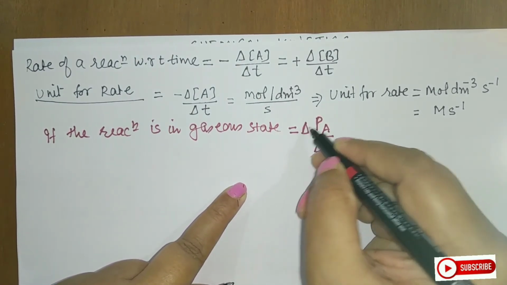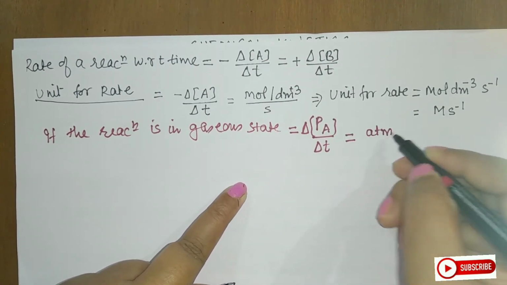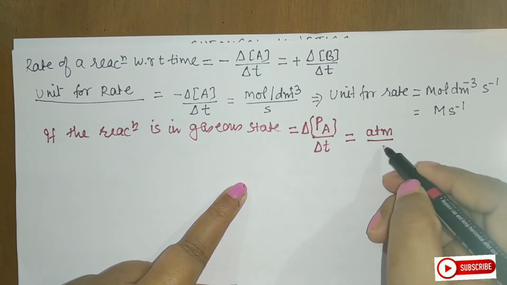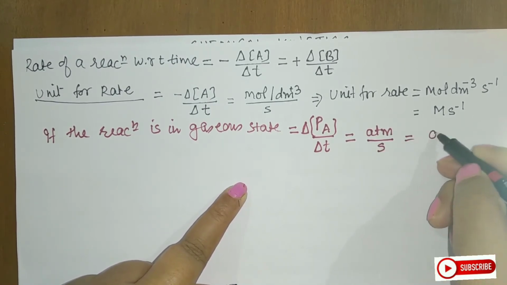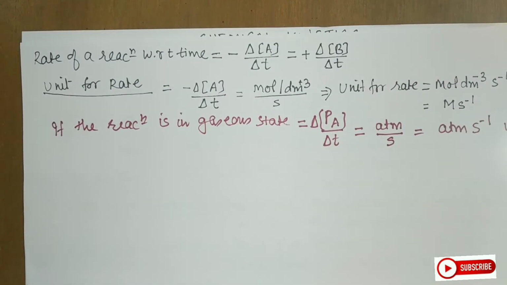So this will be the way I will write, and partial pressure is always in atmospheric pressure upon second. So what will be the unit? atm second inverse. This is only if the reaction is in its gaseous state. So this is about the rate, how to write this.